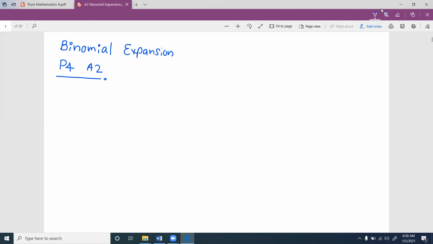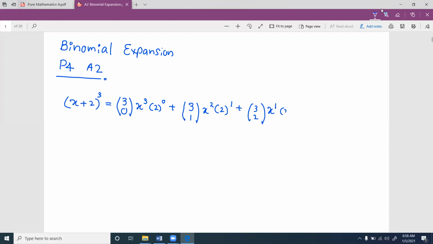Initially, when you're talking about binomial expansion, I think you can remember, if you happen to find any expansion like (x plus 2) to the power 3 in our AS level, we already use this formula: 3C0 x to the power 3 times 2 to the power 0, and this is 3C1 x to the power 2 and 2 to the power 1, then 3C2 x to the power 1 and 2 to the power 2, and you get 3C3 x to the power 0 and 2 to the power 3.